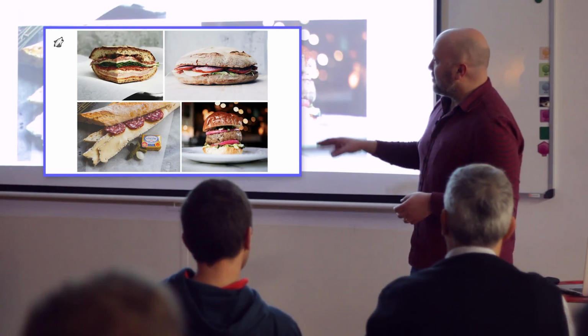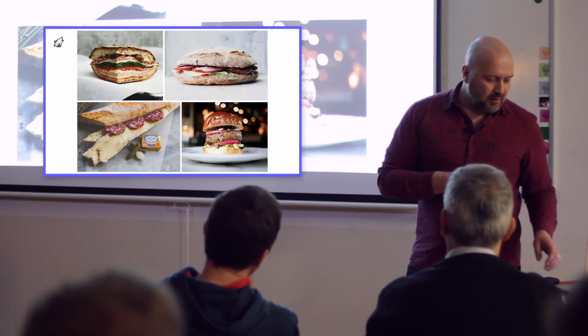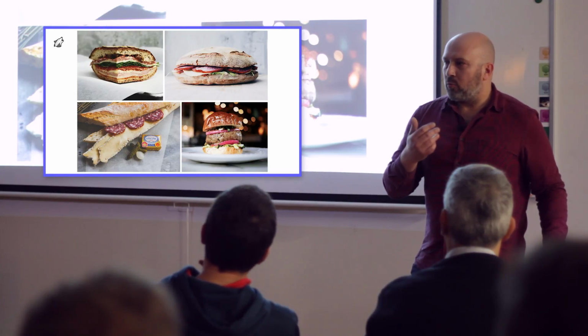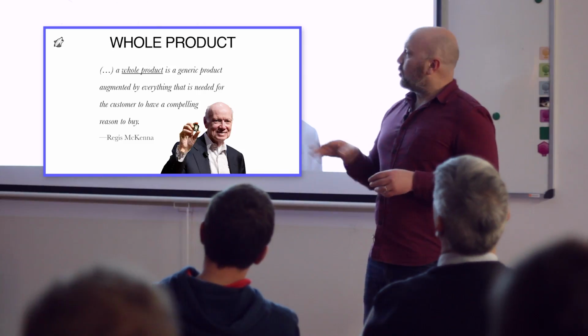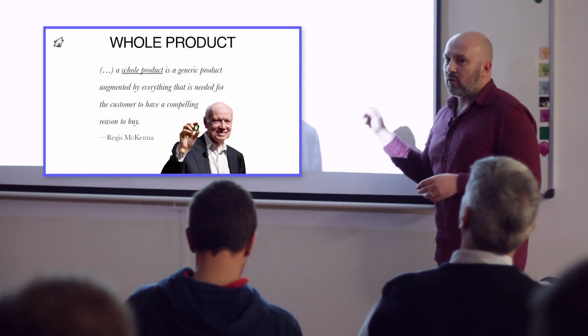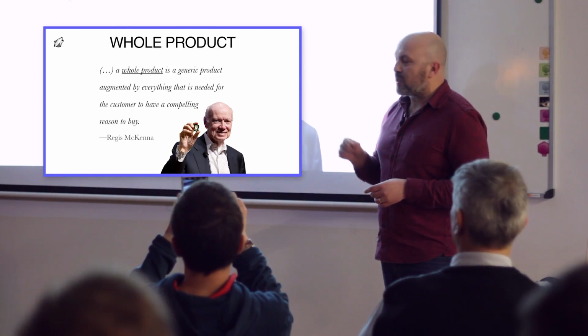So my point here is that bread alone does not create what we can think of as the whole product. And what is the whole product? The definition of whole product was created by the marketer Regis McKenna.